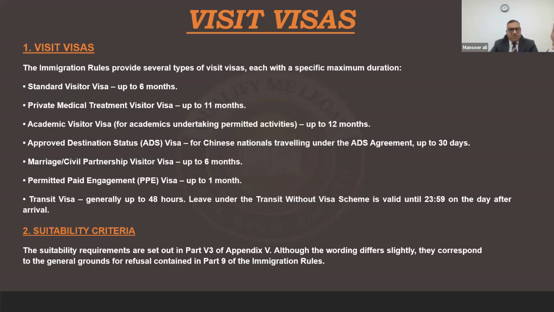Now we have discussed the basics of visit visas. We're going to go now to certain requirements. What is the test which the Home Office would normally foresee in order to assess your or your client's application? So the first test, the Home Office or Entry Clearance Officer. When we say ECO, it stands for Entry Clearance Officer.